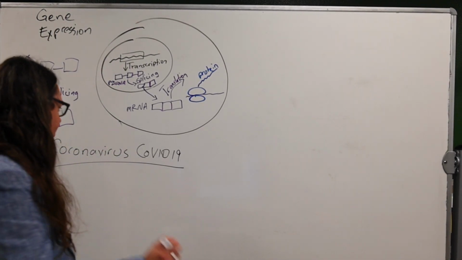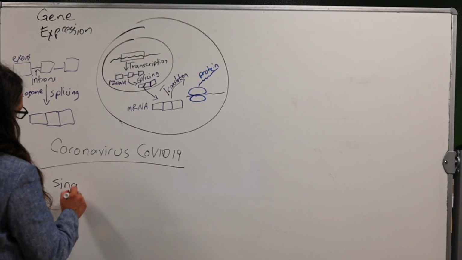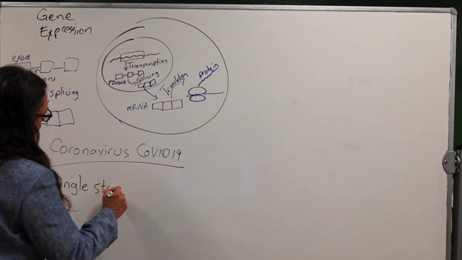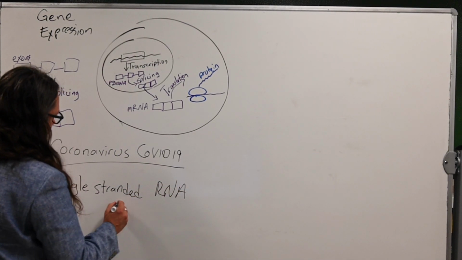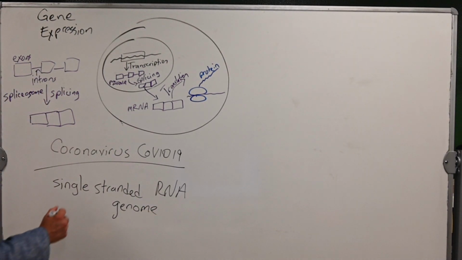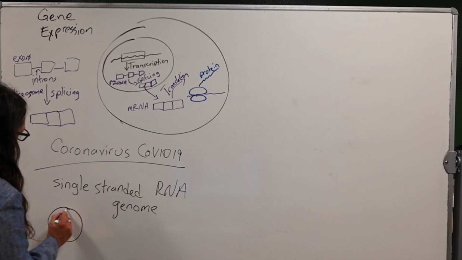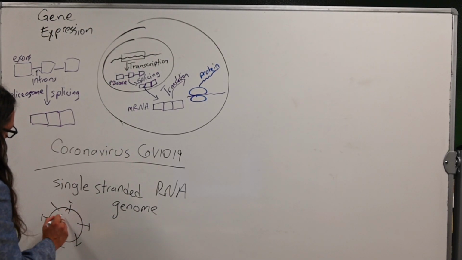Okay, the coronavirus does not. The coronavirus is a single-stranded RNA virus. Okay, so in the capsid, right, we've got the viral capsid, which looks nothing like this, but we'll pretend.